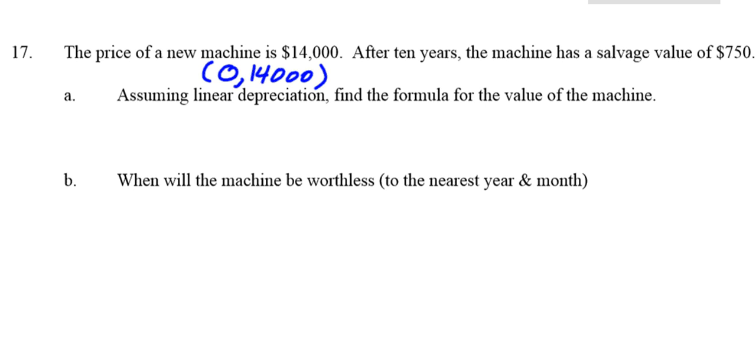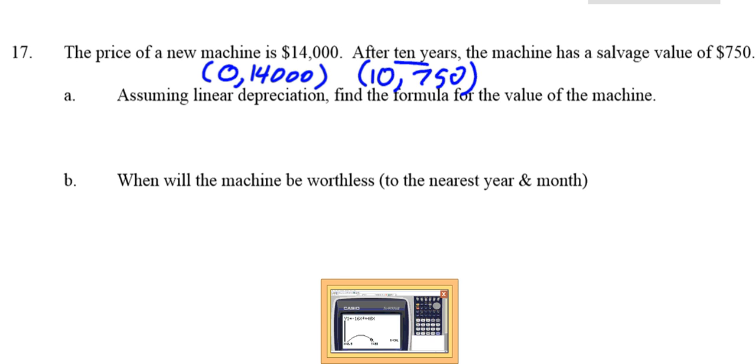There's one data point. After 10 years, the salvage value is $750. There's another data point. Just need the line, find the formula for the value of the machine, assuming linear depreciation.